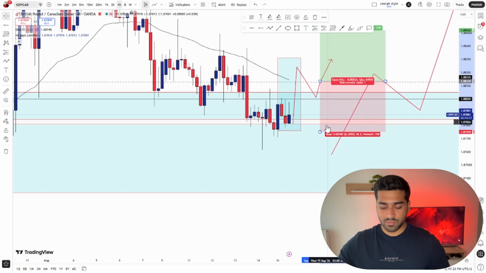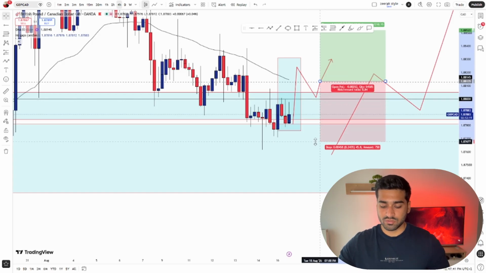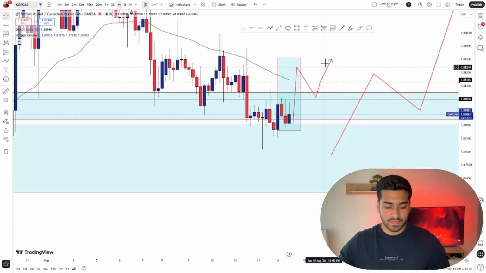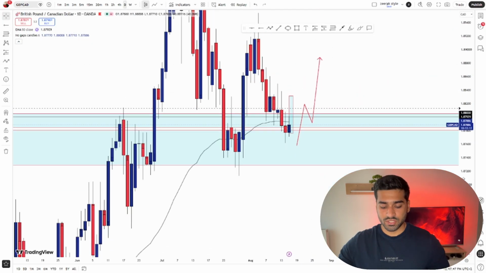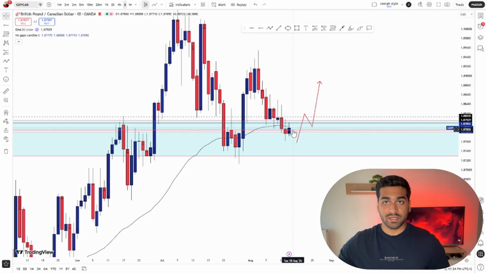I will put my stop loss depending on my structure, on how it performs. So the stop loss will be here or maybe here. I will see how the market presents itself. Right now we are not rejecting because this is an engulfing candle, but it didn't close, so at least it needs to close. So I will wait for this.